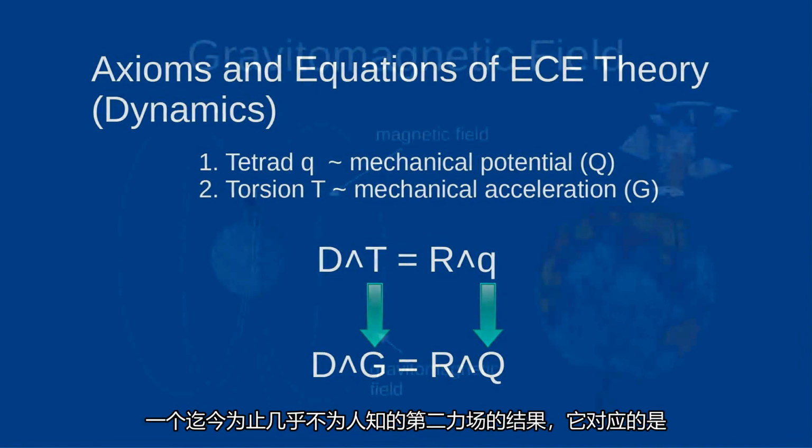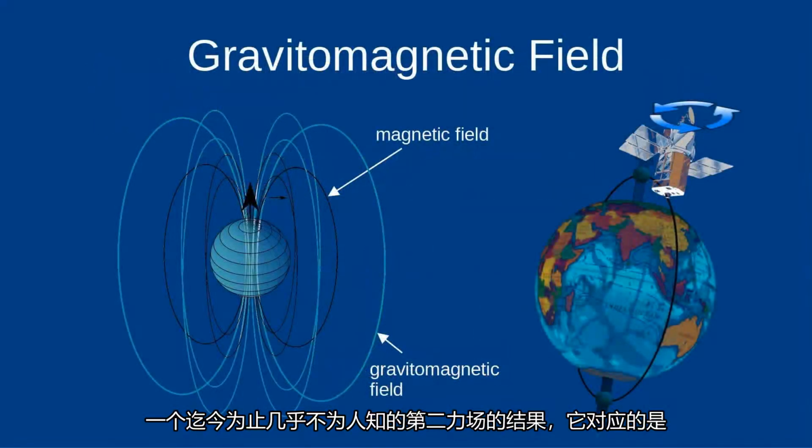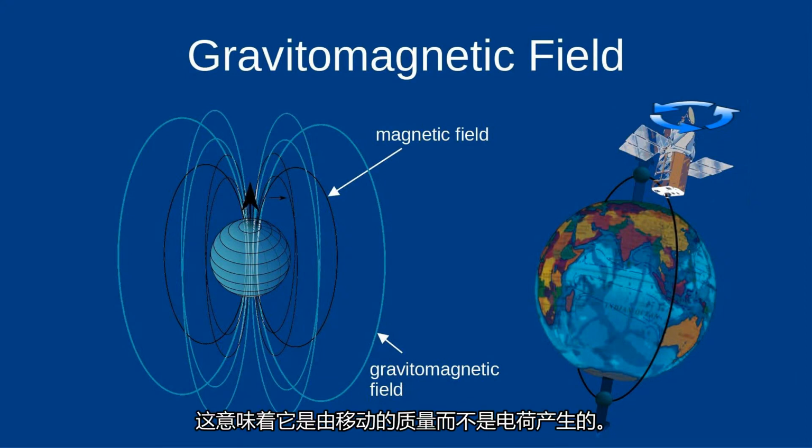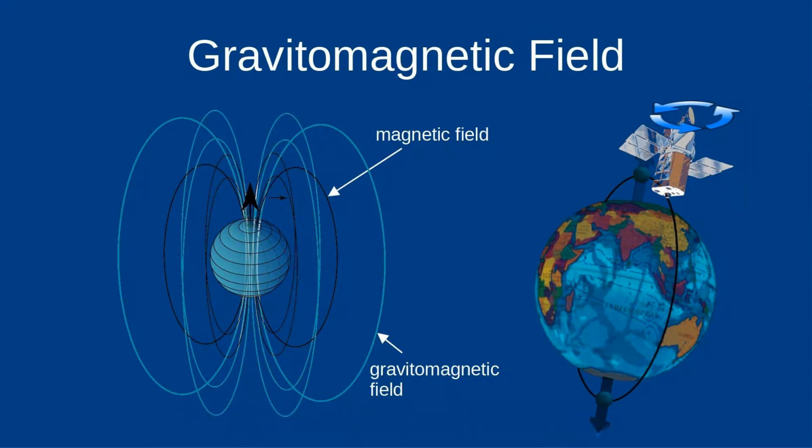A hitherto almost unknown second mechanical force field results, which corresponds to the magnetic field. We call it the gravitomagnetic field. It occurs on an equal footing with the usual acceleration. It acts like a magnetic field, that means, it is generated by moving masses, instead of charges. Since the gravitational force is much weaker than the electromagnetic one, one cannot perceive the gravitomagnetic field in everyday life.